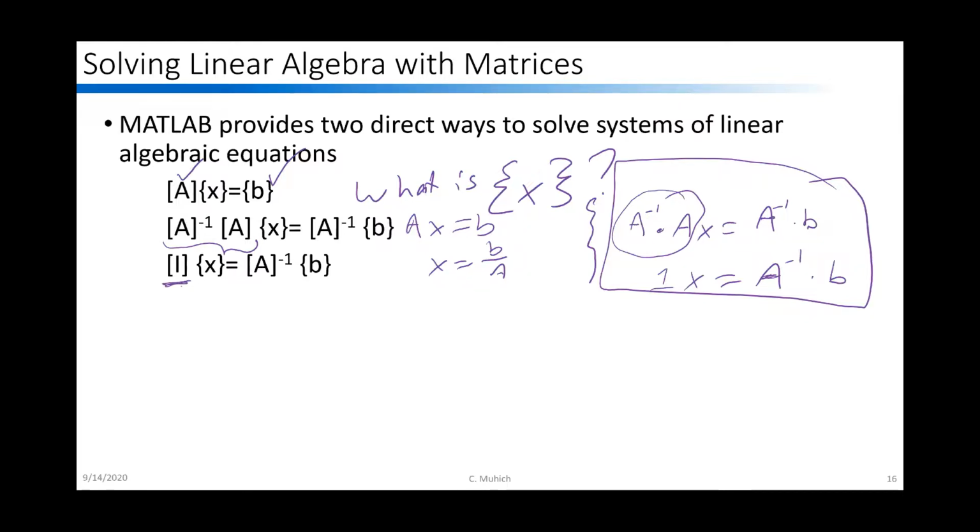I now have the identity matrix times x equals A inverse times b. And then we can remember that the identity matrix times anything is just that plain matrix. So all of a sudden, I now have x equals inverse matrix A times b. This will now tell us how we can get x.